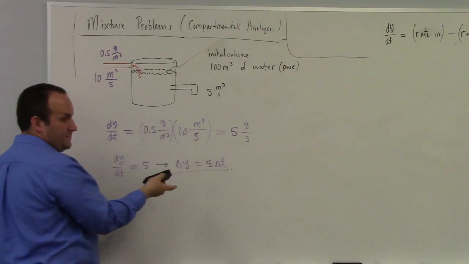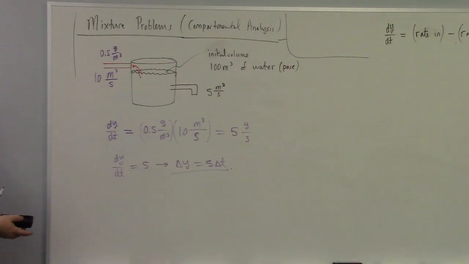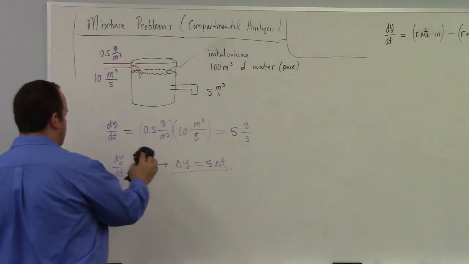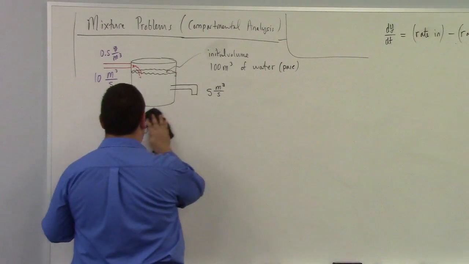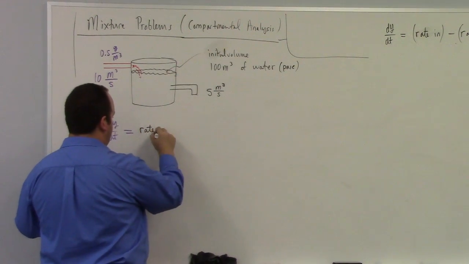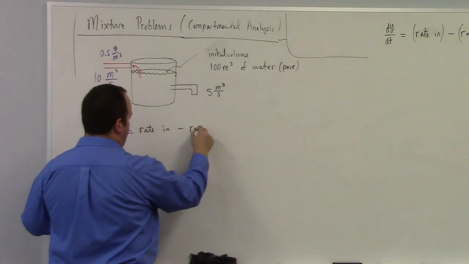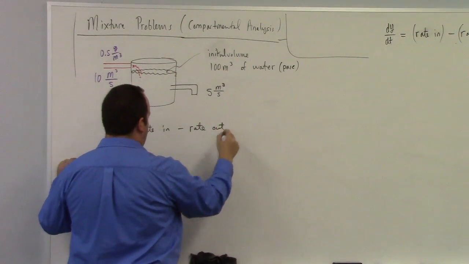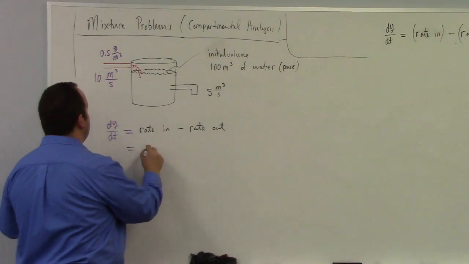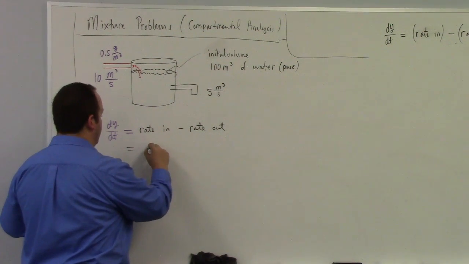So basically this problem, are you guys up to the previous case? Can I erase this? Okay. So again, it's always rate in minus rate out if we take both as positive. And the rate in is still what we just did, it's still 5.